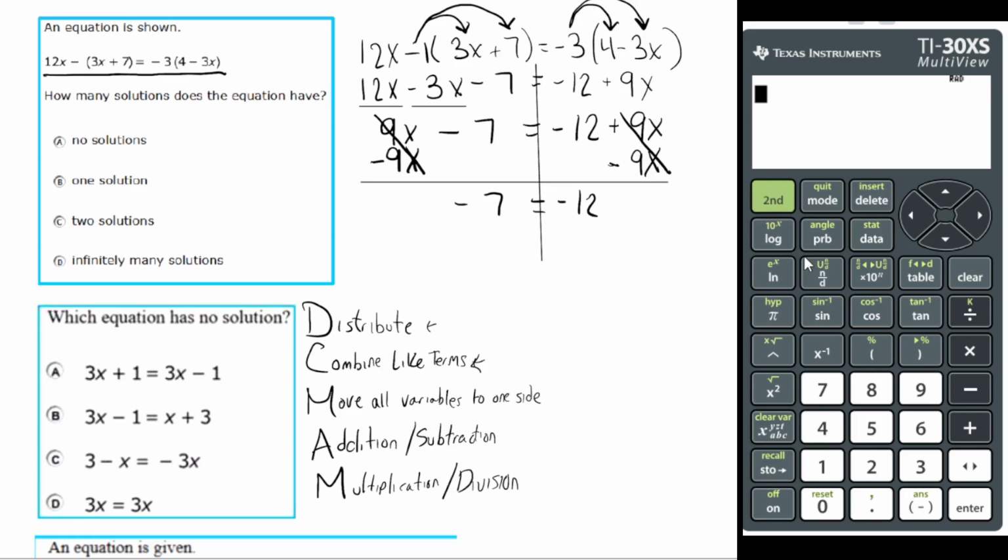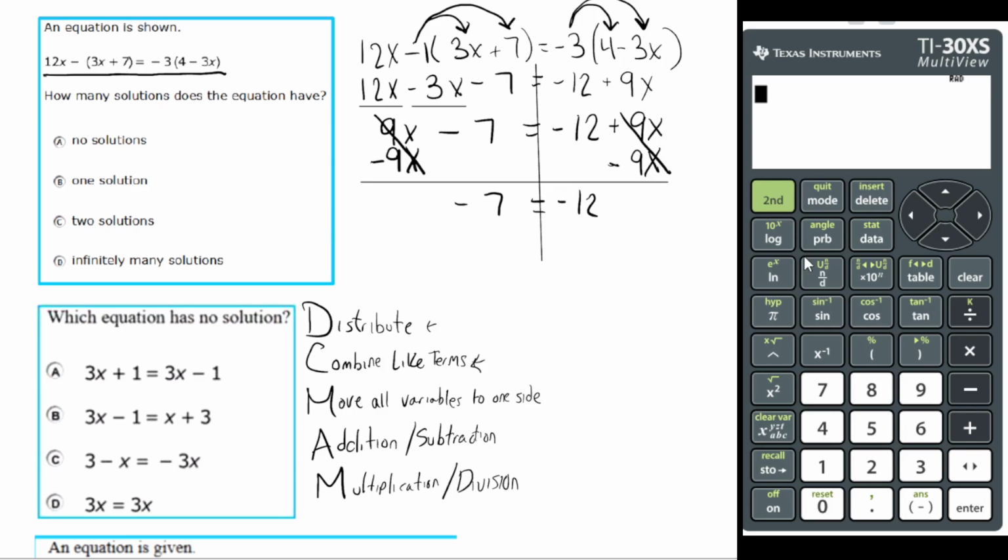Okay. So when it comes to how many solutions an equation has, you have 4 options. You have one solution. This is your standard x equals 4. One solution. You have 2 solutions.